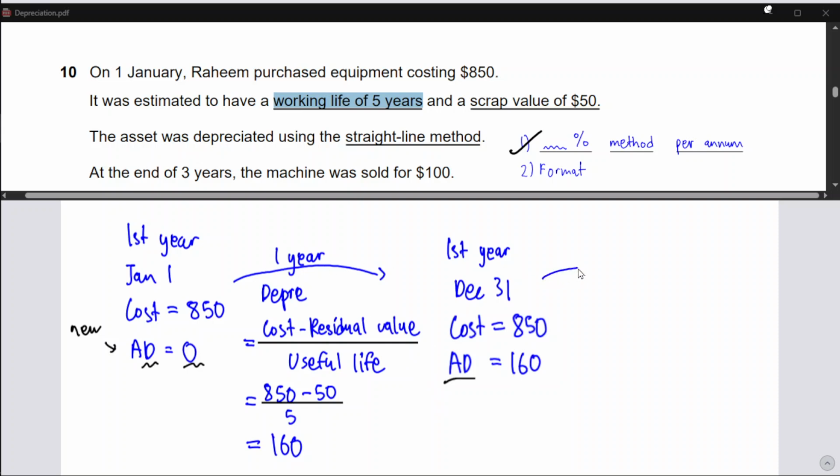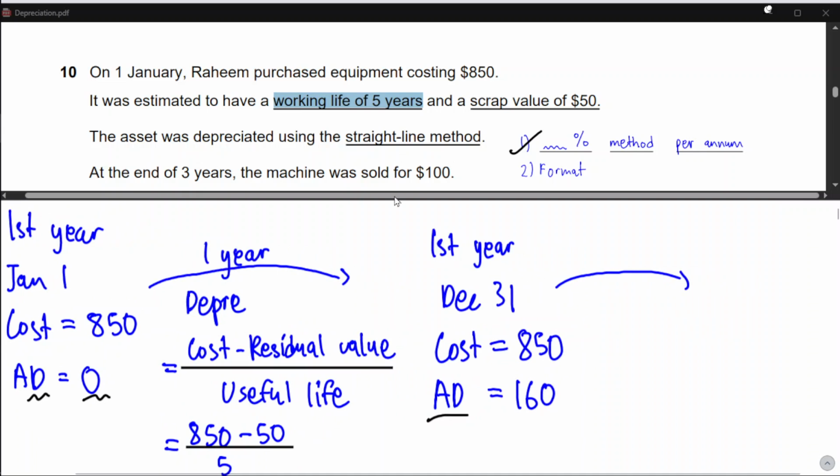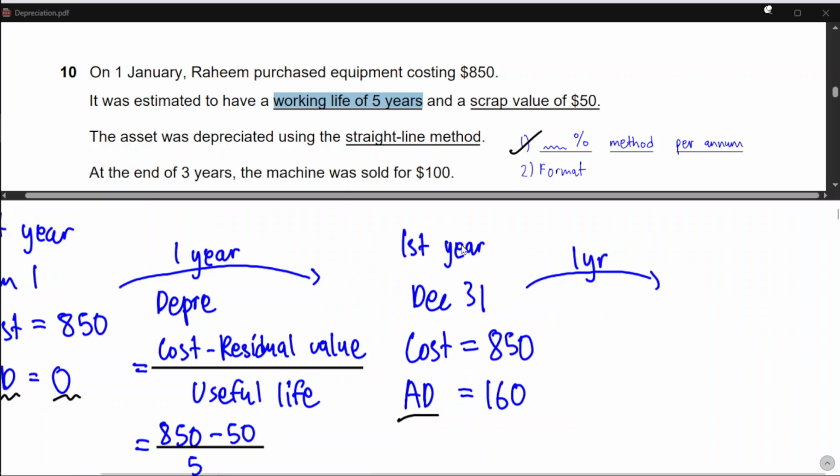Then let's continue. After 1 year, the first year becomes the second year.